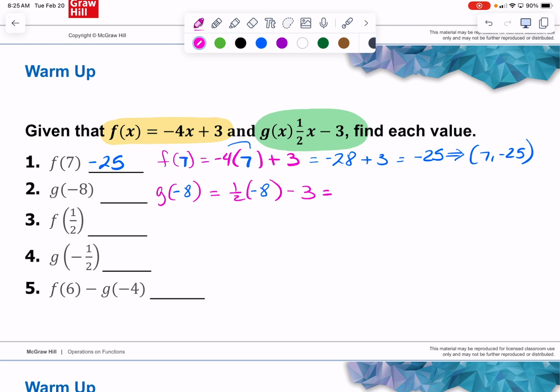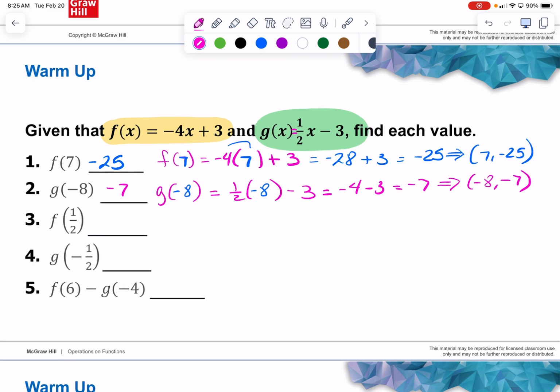What's half of negative 8? Negative 4. Negative 4 minus 3 then is negative 7. So g of negative 8 equals negative 7. This is the point negative 8 comma negative 7 on the graph of 1/2 x minus 3. Oh, and I see they forgot a little equal sign there.